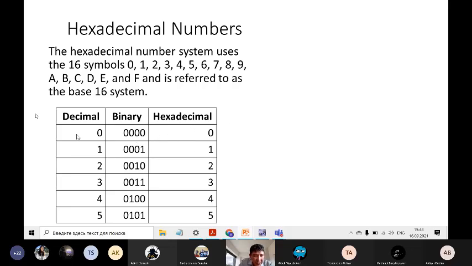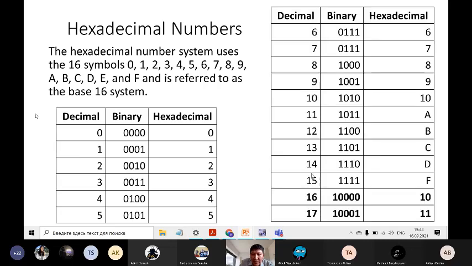I think now it's clear. Up to 5 it's okay. Decimal and hexadecimal are the same up until 9.